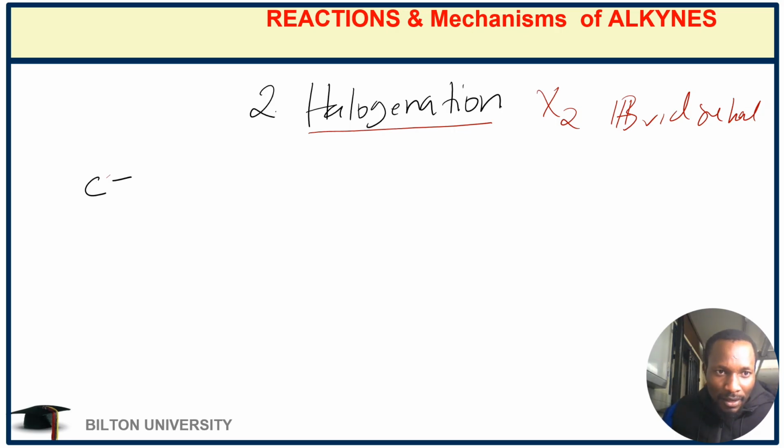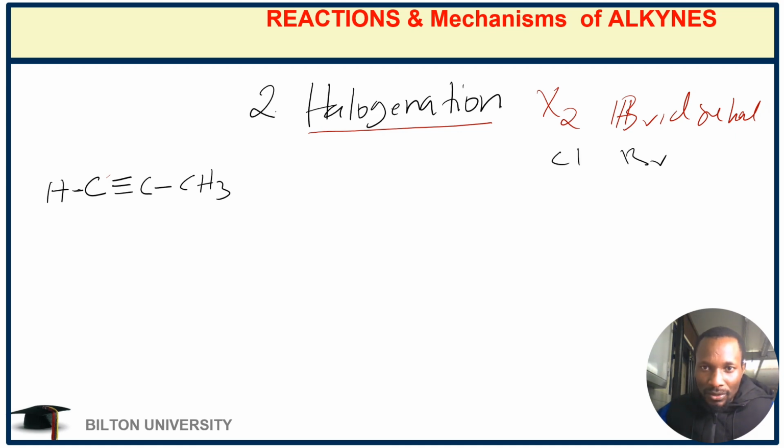So we have a carbon-carbon triple bond. Let's say we have our CH3 and we have our H. In halogenation, the first step, or just by adding 1 mole of halogen, let's say this halogen can be chlorine, it can be bromine, so we have Cl2 and Br2.